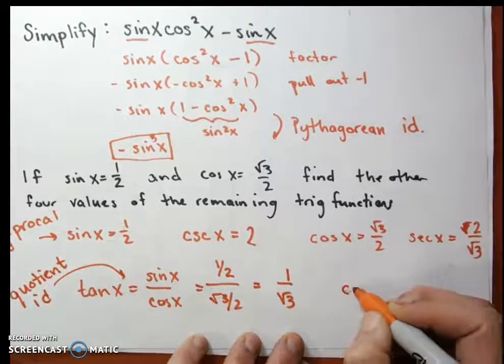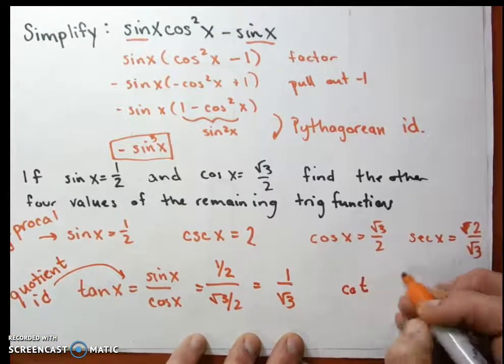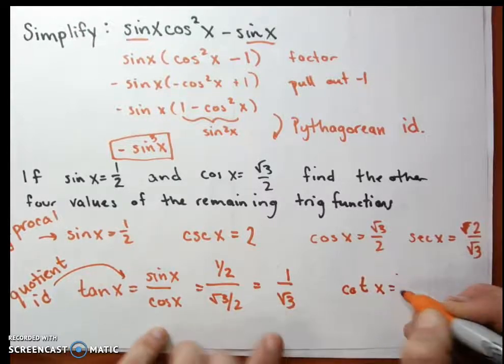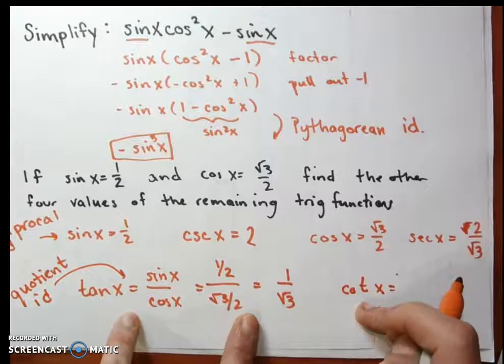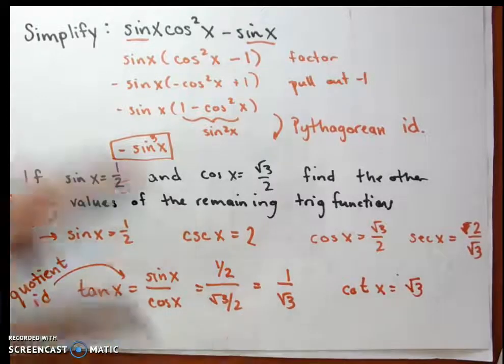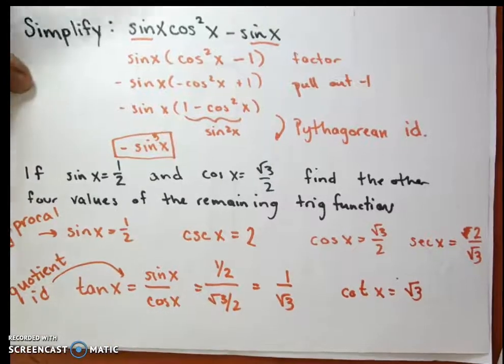And to get cotan, I could either use the other quotient identity and do cosine over sine, or I could just use the fact that tan and cotan are reciprocals and flip the tangent. And I think that's a little easier. So cotan is √3. So those are our first two examples.